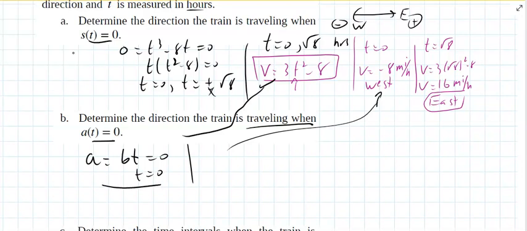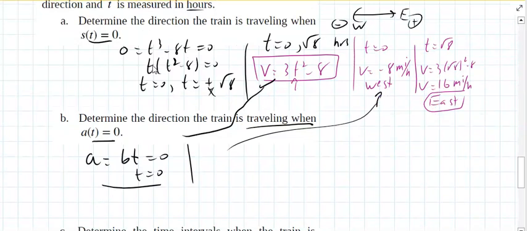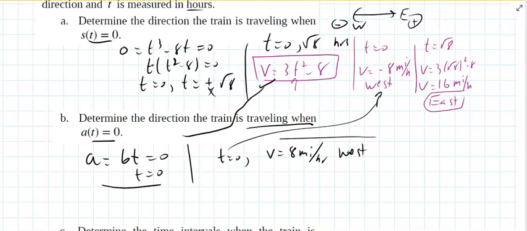The acceleration will only tell me whether you're speeding up or not. So at t equals 0, the train is traveling at a velocity of 8 miles per hour west, because that's negative.